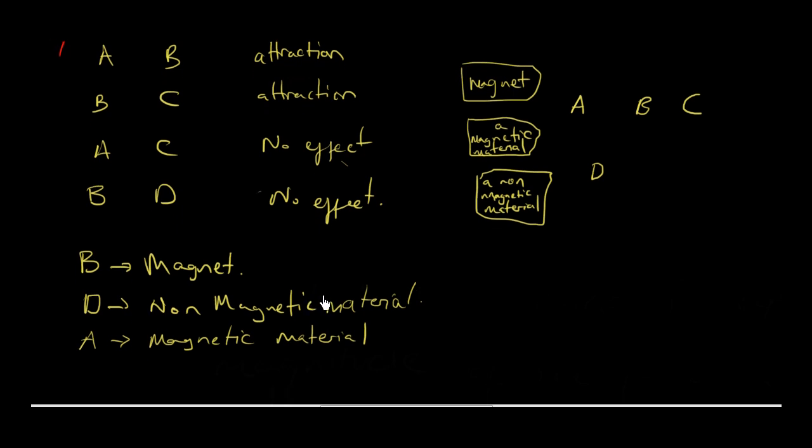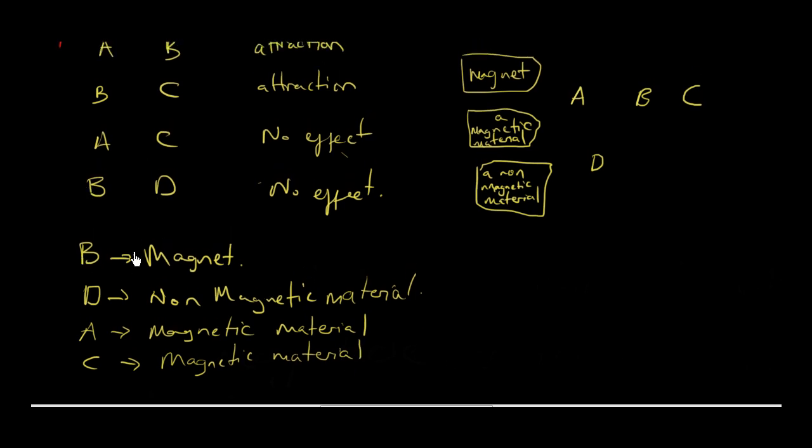If A and C have no effect, then C has two options. It can either be a non-magnetic material or a magnetic material. But it's not going to be a non-magnetic material because B and C interact and there's an attraction. So C has to be a magnetic material.